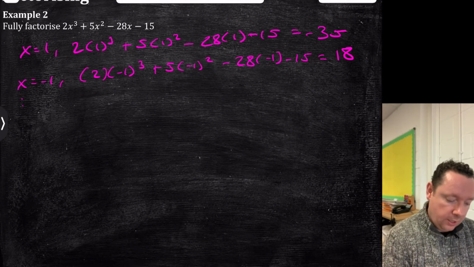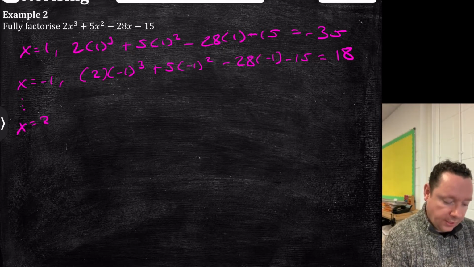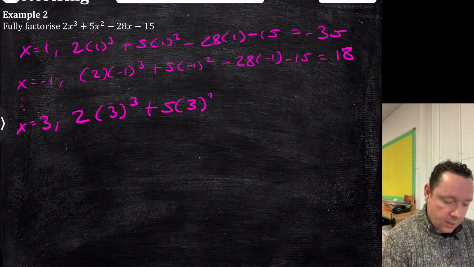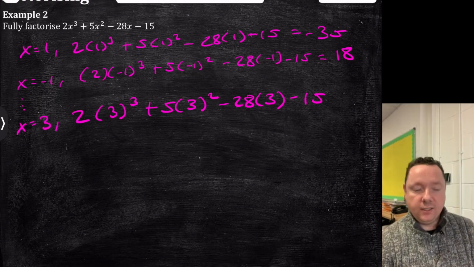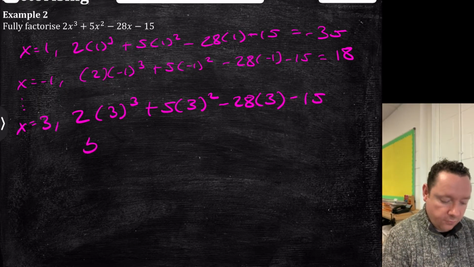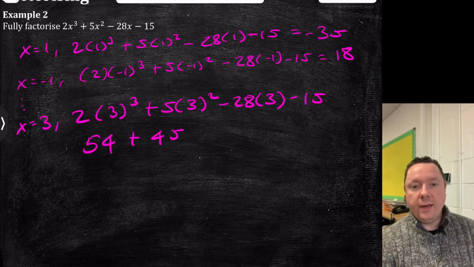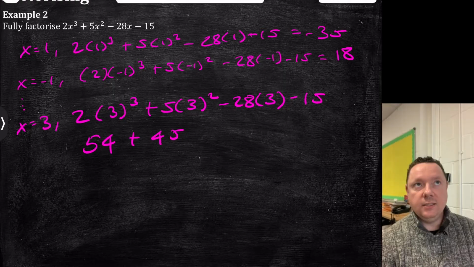So I'm going to keep going, and eventually I'll try 3. When I try 3, I'll get 2 times 3 cubed plus 5 times 3 squared minus 28 times 3 minus 15. Now let's actually do that sum this time. 3 3s are 9, times 3 is 27, times 2 is 54. 3 squared is 9 times 5 is 45. 3 times 28 is 3 30s is 90, minus 3 2s is 6, it's 84.